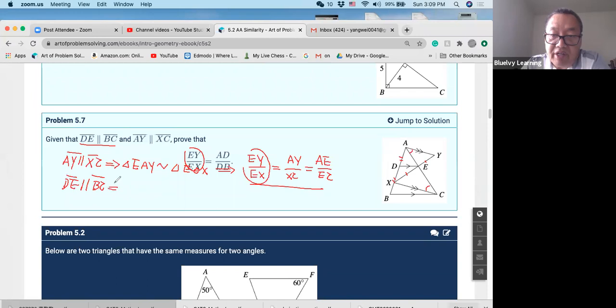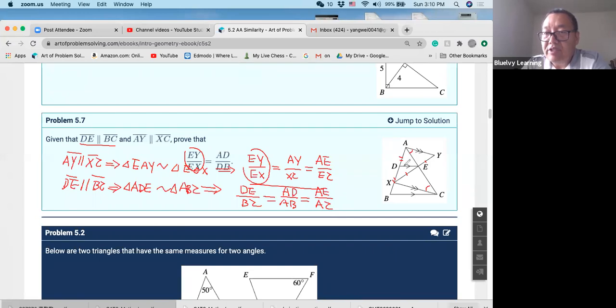This one, we can get triangle ADE similar with triangle ABC, right? From this, we can get DE over BC equals AD over AB, also equals AE over AC, right?